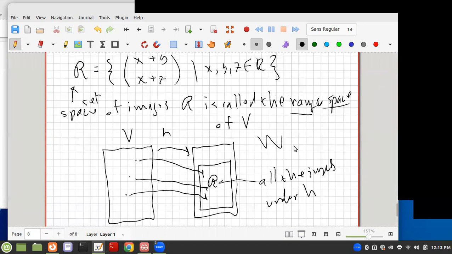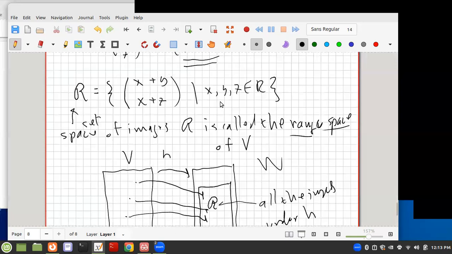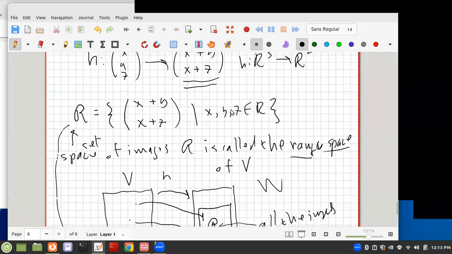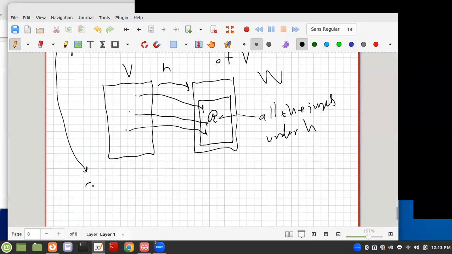Well, you notice that this is a free linear combination with x, y, and z. So I could write this as x times something plus y times something plus z times something. I can always write R as a span.